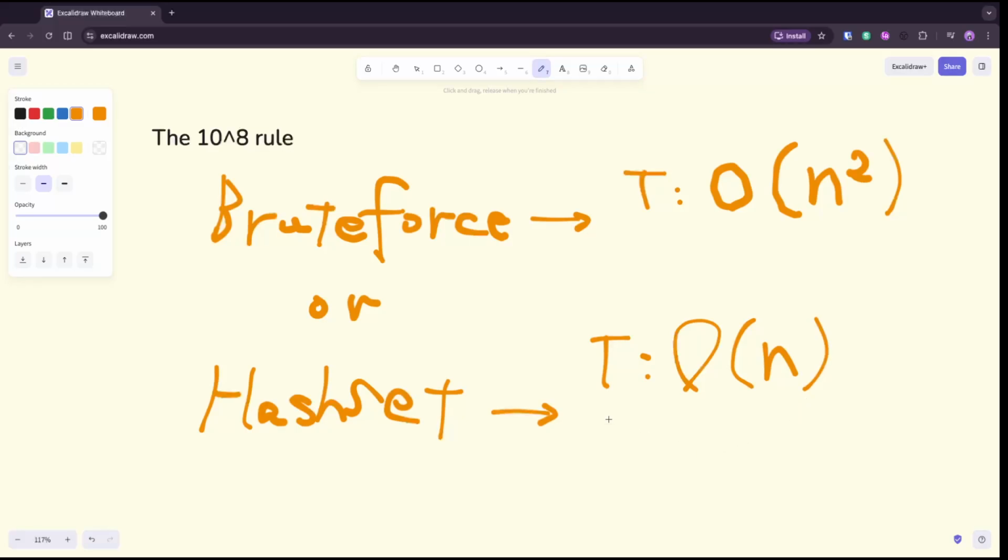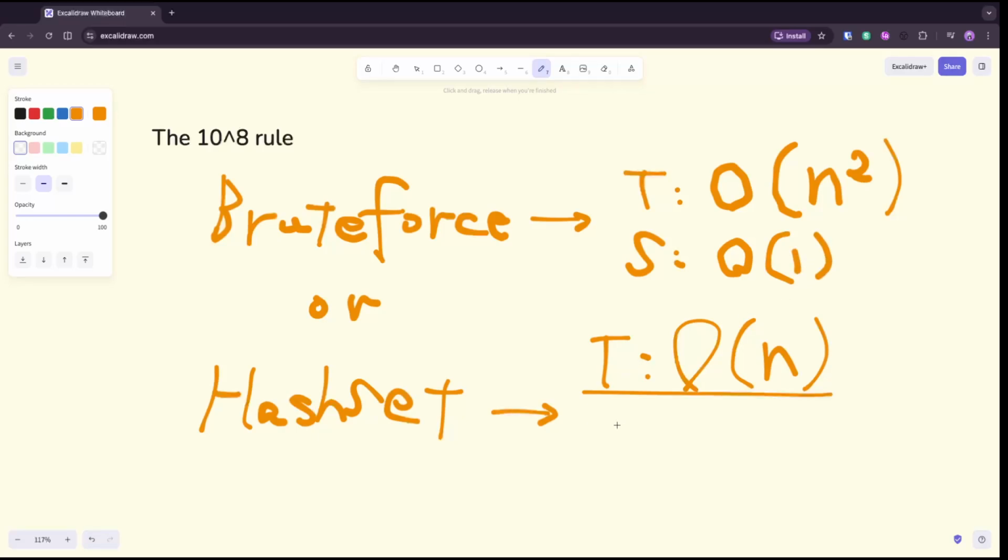Which approach is better? Now, of course, the hash set approach is more efficient and smart. But there are more conditions. The brute force approach's space complexity is big O 1, constant.